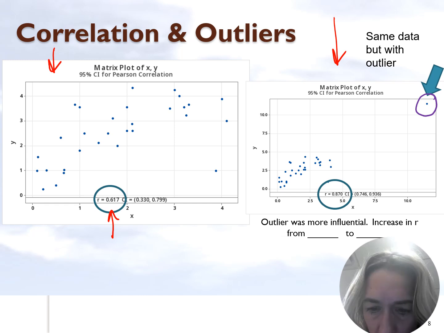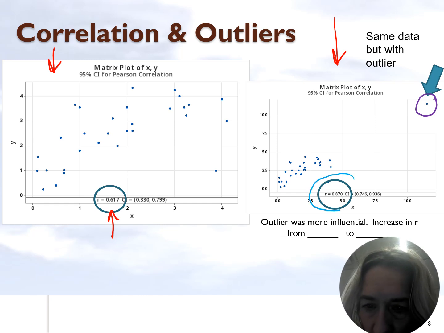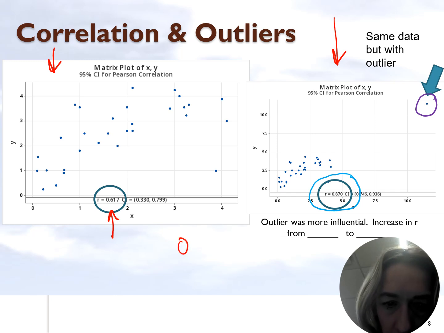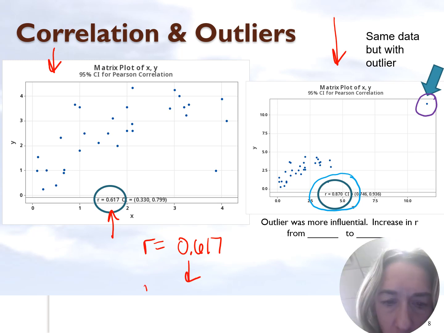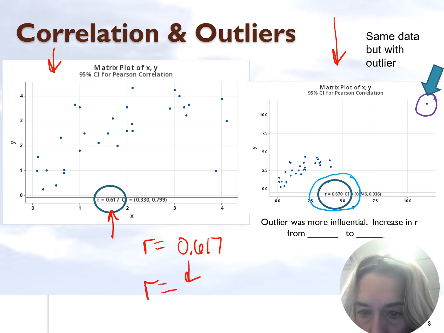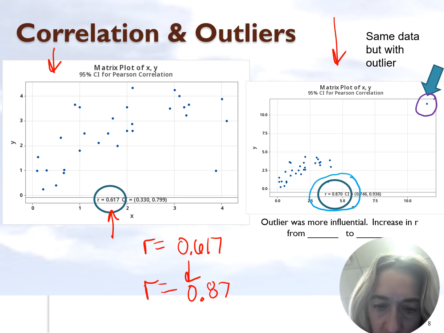Look what happens to the correlation coefficient in this case. We started at 0.617, and with the addition of just that one outlier, our correlation coefficient changed to 0.870.